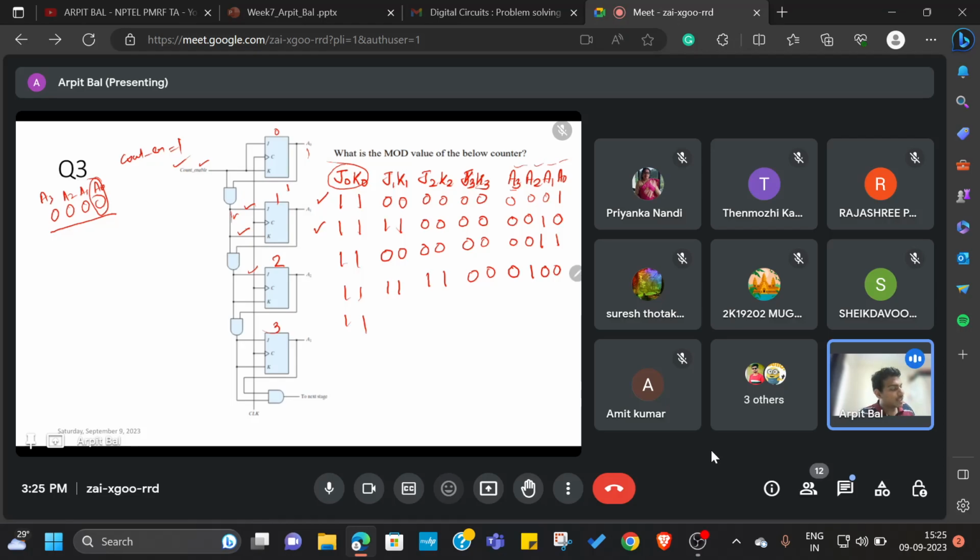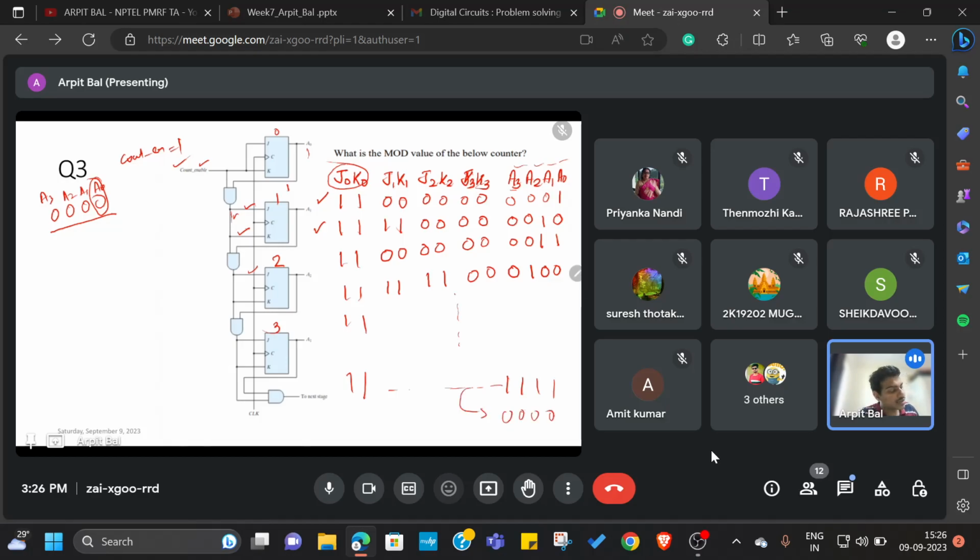Similarly, if we go on doing that, we will arrive at a point when we reach 1 1, and it will go on until it reaches 1 1 1 1. Then again it will start from 0 0 0 0.